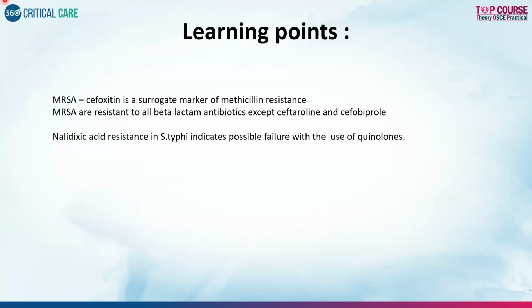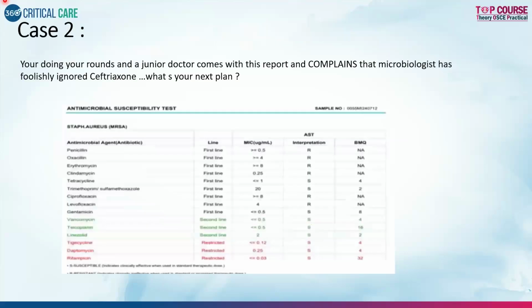Okay, we use something called a surrogate marker for methicillin resistance. So usually most of the labs use cefoxitin. This is one thing you need to understand. So you might not have methicillin there to call it an MRSA. This is something that we need to deduce from these. So you guys clearly picked it up.